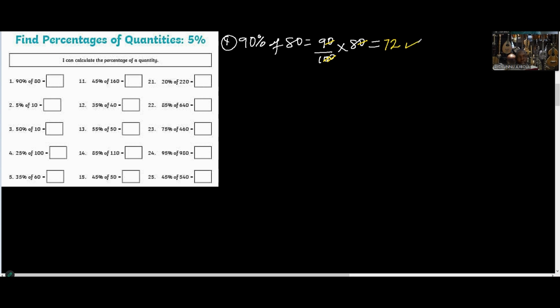Good. So that means 90% of 80 is 72. Maybe that makes sense. That means 9 over 10 of 80 would be 72. 9 out of 10 portions of 80.